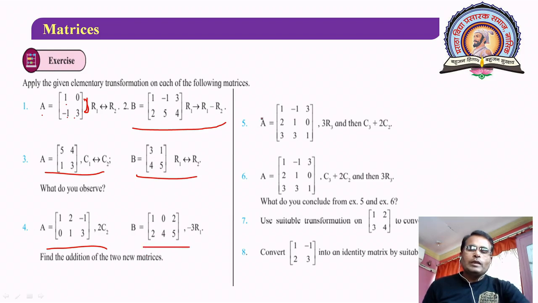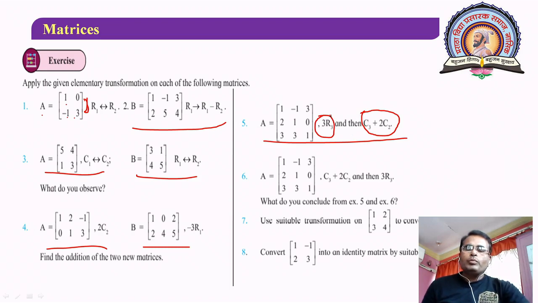So there are totally 8 examples. The first 4 are similar. In the fifth, you have to consider the transformation 3R3 first, followed by C3 plus 2C2.